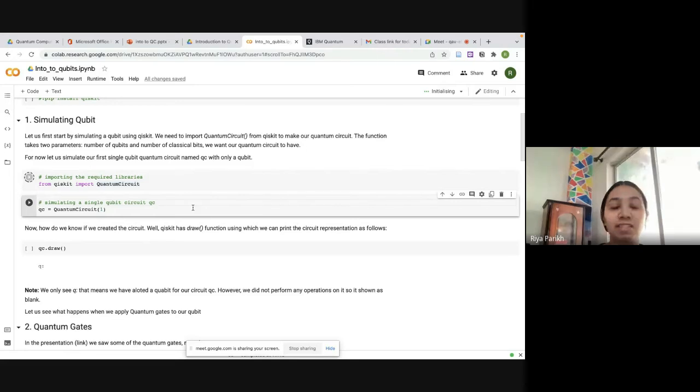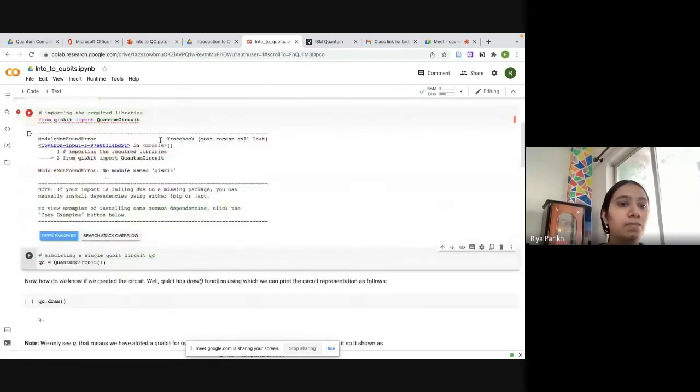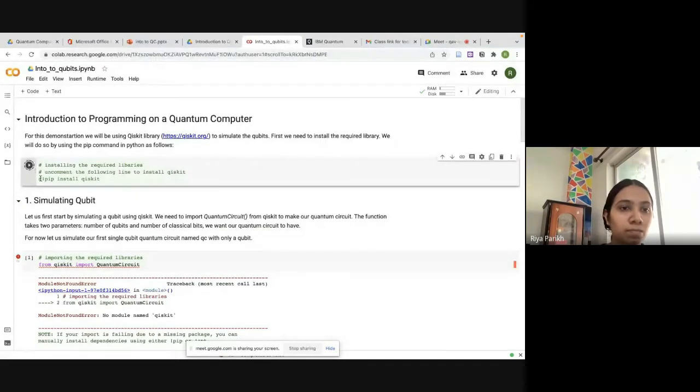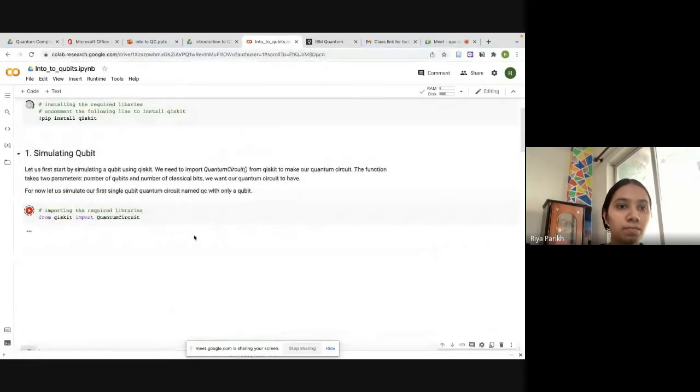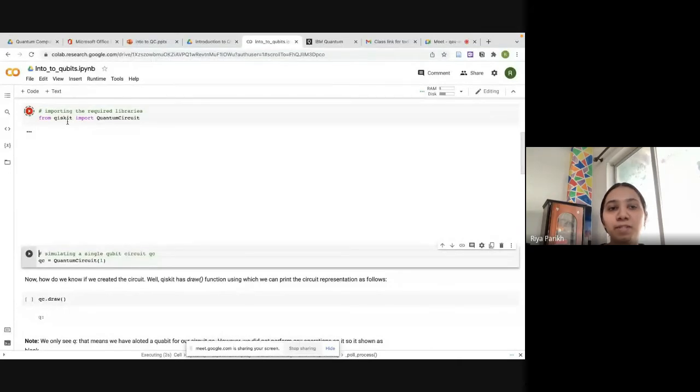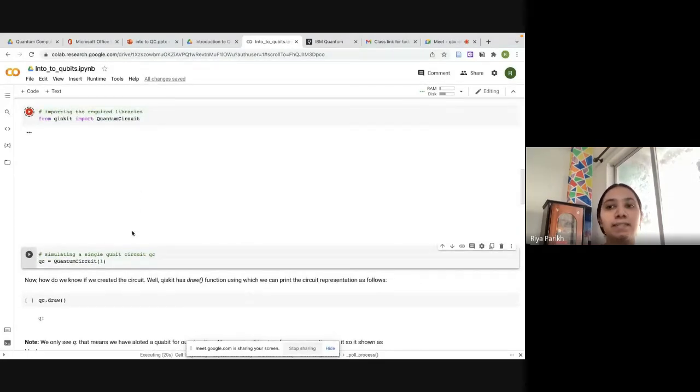Just a minute, it's initializing. I'm using Qiskit, a library that enables us to simulate quantum computing programming on your desktop as well, through which we can simulate quantum computations on a classical desktop.